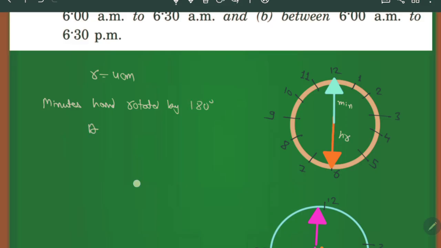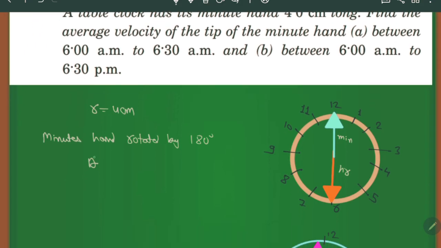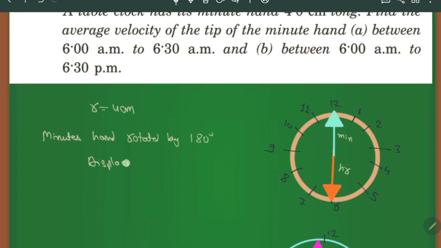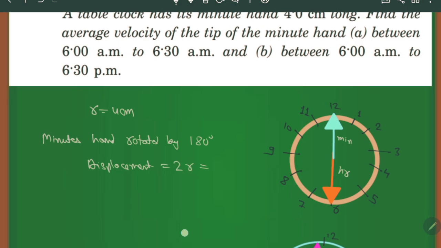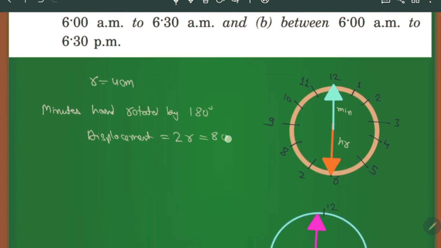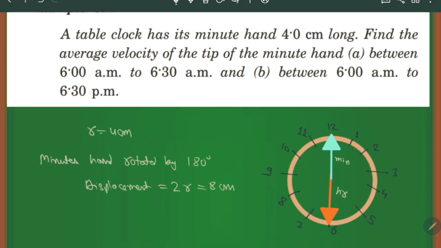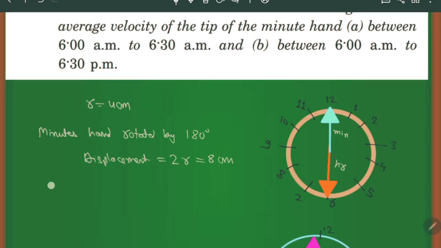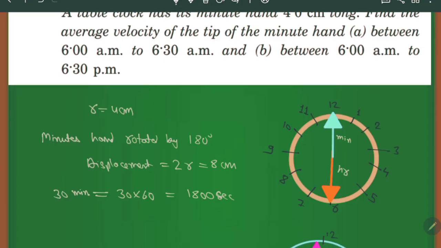Means in this condition the displacement is basically 2r. Basically this is 2r, which means 8 centimeter, right? Now what they're asking is the average velocity between 6 a.m. to 6:30 a.m. In 30 minutes how many seconds are there? 30 into 60, that is 1800 seconds.